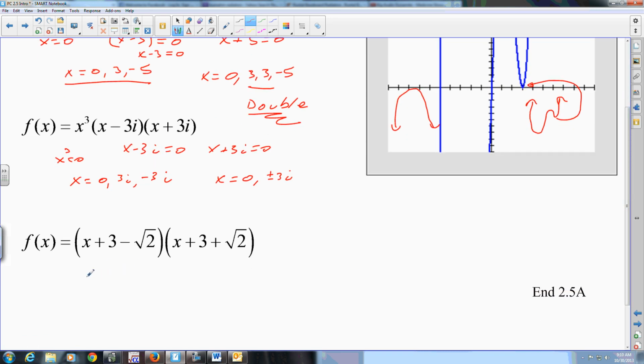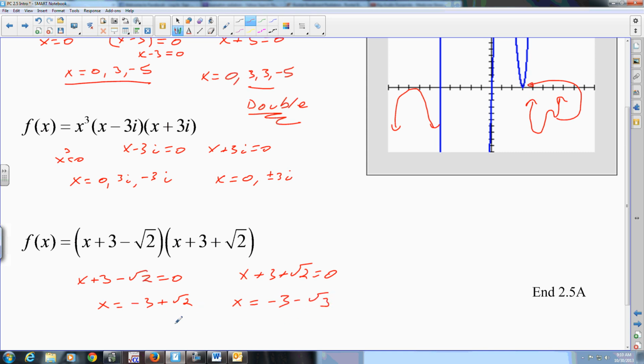X plus 3 minus the square root of 2 is equal to 0. Subtract the 3, add the square root of 2, so minus 3 plus the square root of 2. X plus 3 plus the square root of 2 is equal to 0. Subtract the square root of 2, subtract the 3, so x is equal to minus 3 minus the square root of 2.